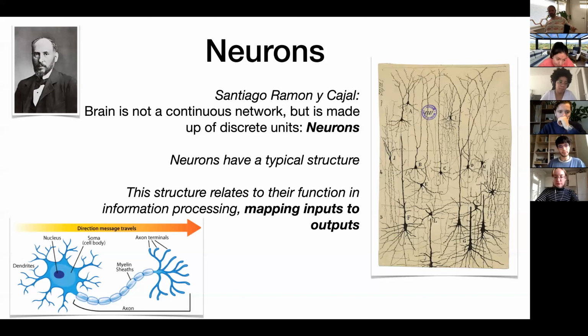Now, that soma is circled with all these dendrites. And those dendrites are the parts of the cell that receive incoming information.